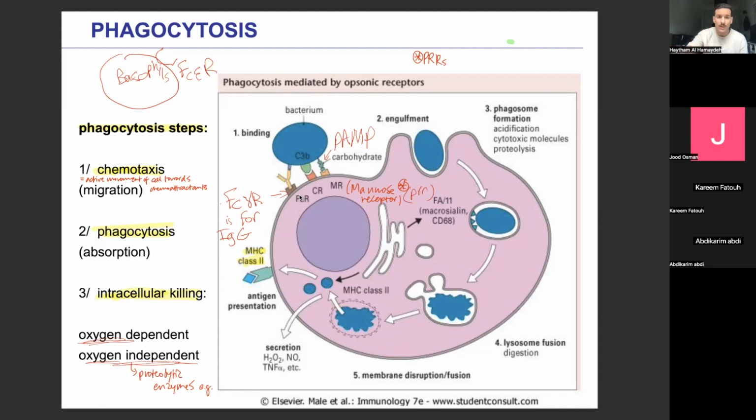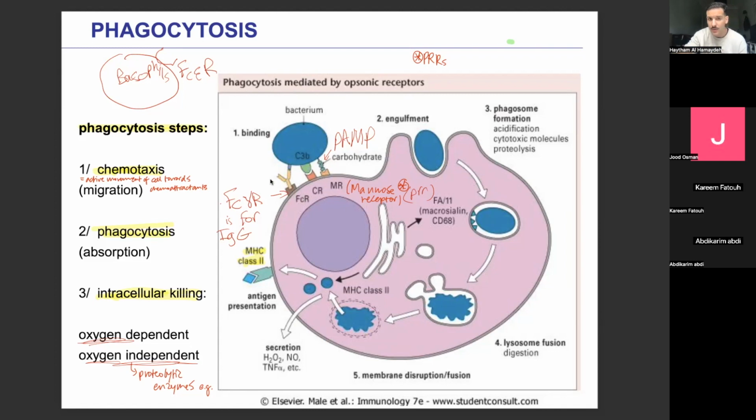Why does it say FC receptor? Because an antibody usually binds with its FAB region to the bacterium and leaves its FC region exposed. The exposed FC region of the antibody binds to the FC receptor found on the immune cell. That's the first kind of handshaking.